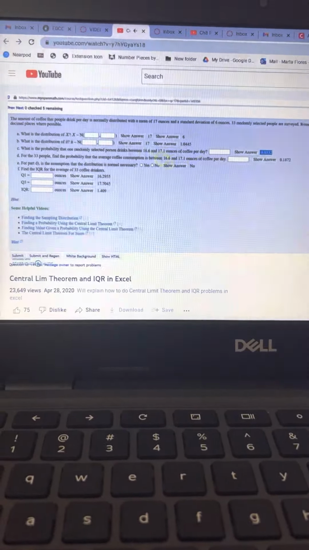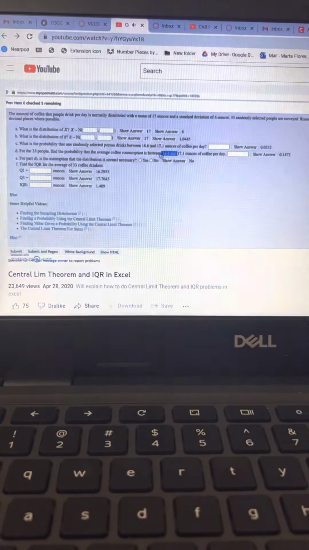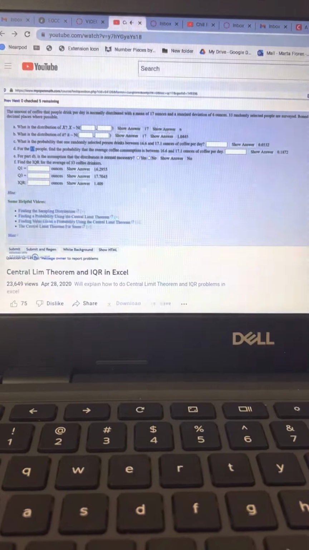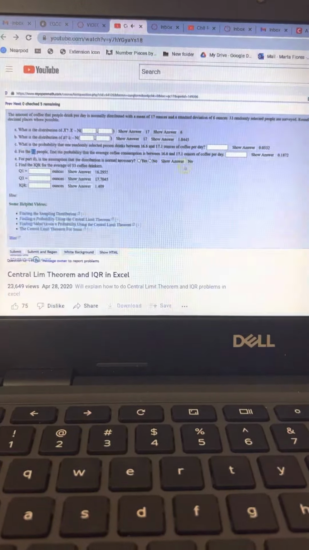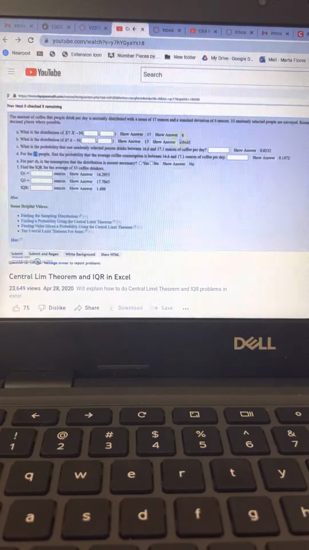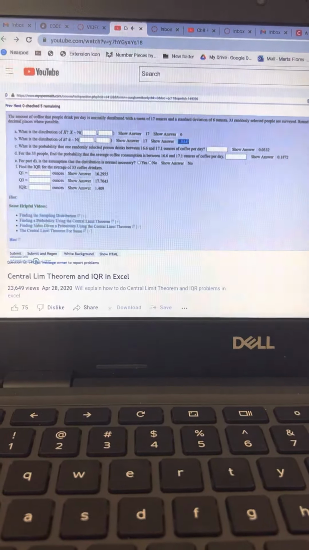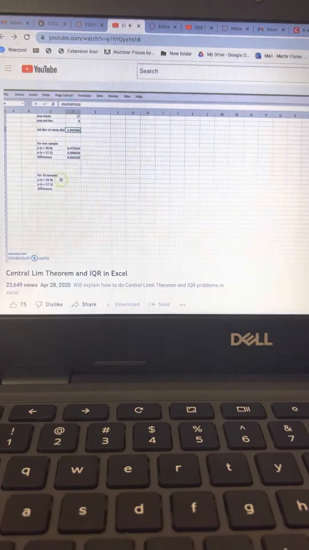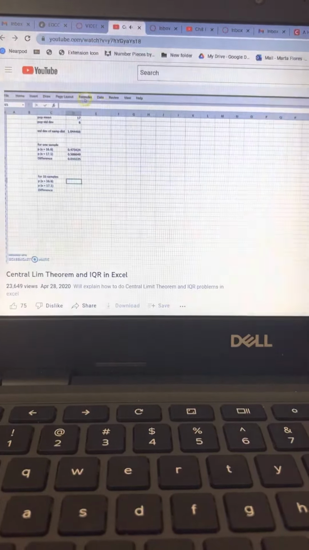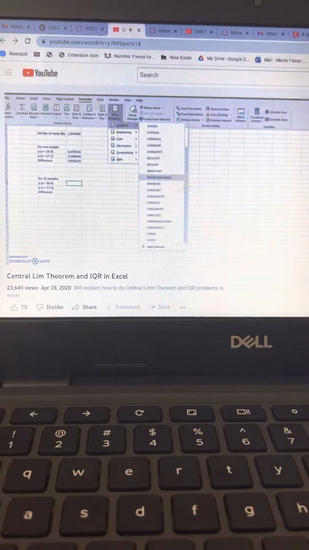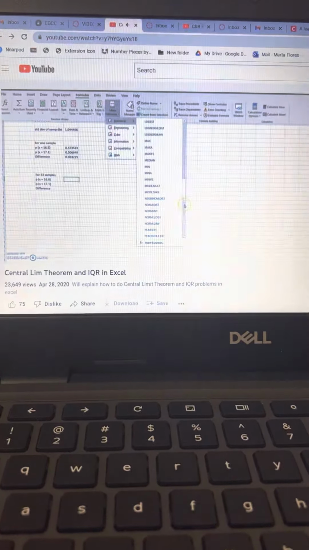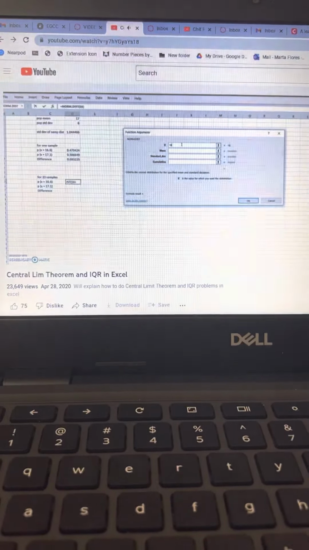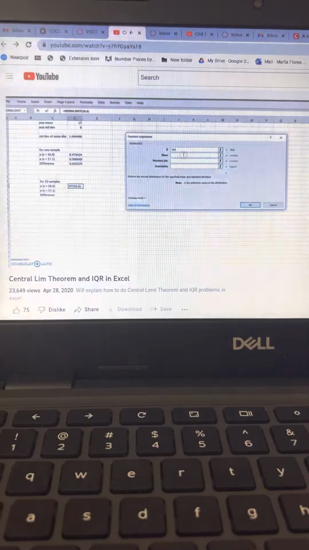Now we're going to do the exact same thing for 33 people, except we use the standard deviation that we calculated up here. This is why I calculated it in Excel, because I'm just going to grab that. For 33 samples, norm.dist again, x is 16.6, mean is 17.